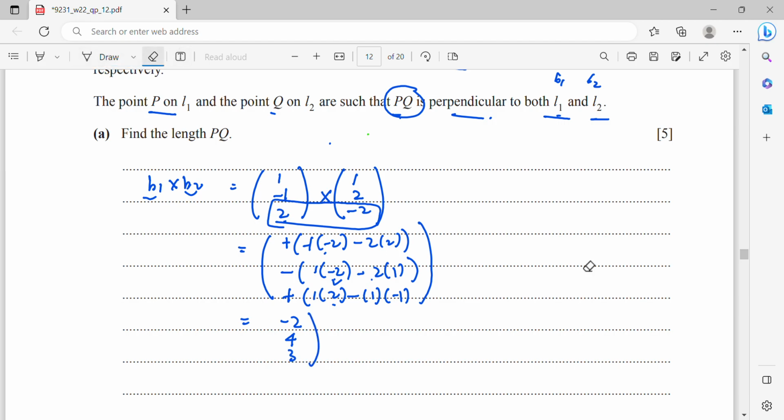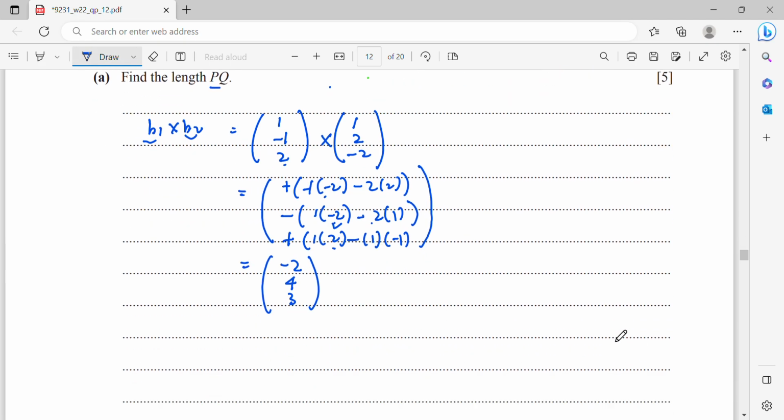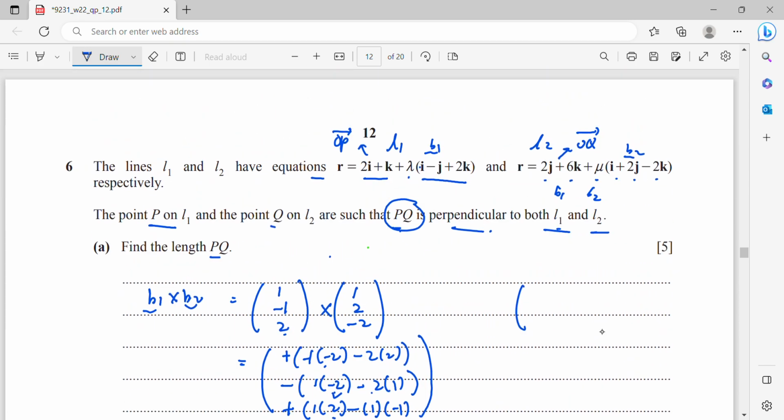Okay, so the vector PQ is parallel to this vector, minus 2, 4, and 3. So now, to get the length of PQ, I need to find the difference of the vector first. From the second line, 2j plus 6k.